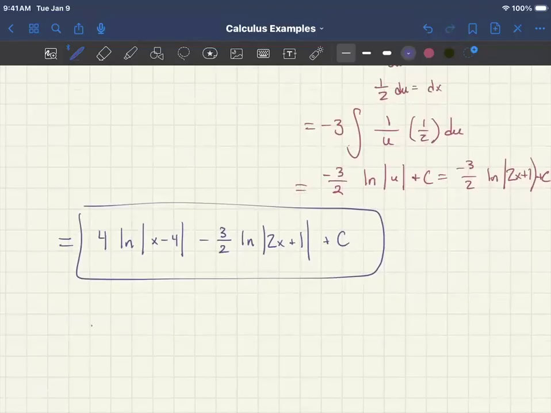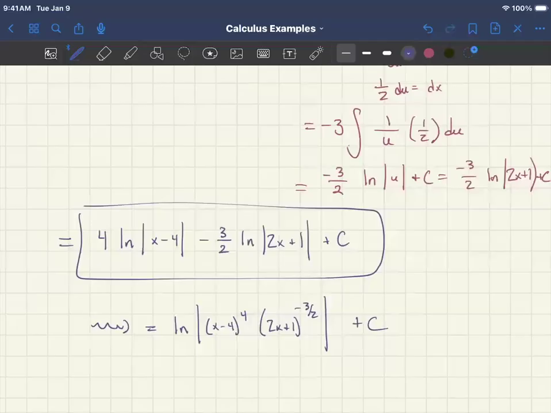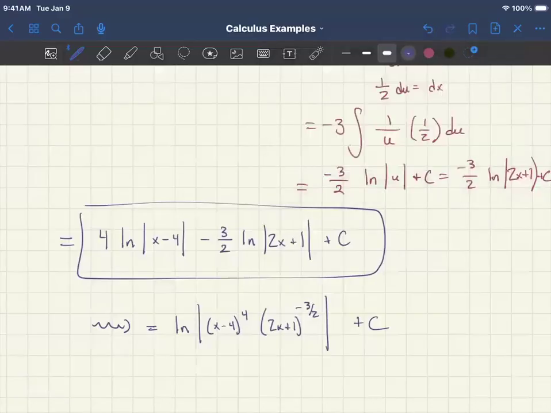So for instance, this one, if you wanted to, you could write it as natural log of (x minus 4) to the 4th times (2x plus 1) to the negative 3/2 plus c. That's just a lot of extra work. You're already doing a lot for Calc 2, so I would advise against trying to make it look exactly like the back of the book. Just do what needs to get done, work on your algebra, and you'll get there in the end.